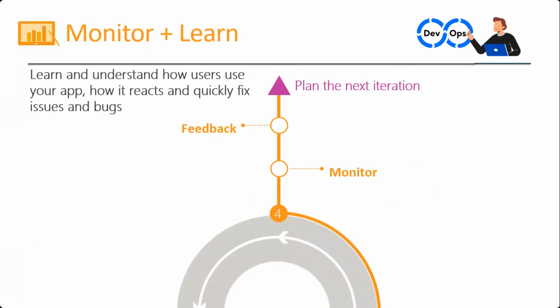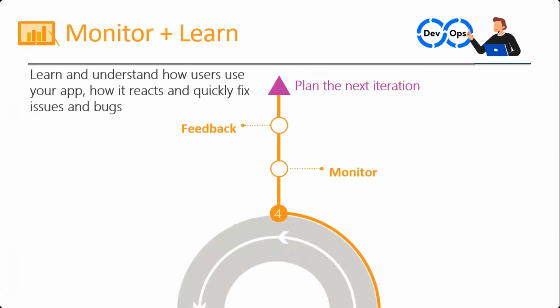By analyzing information from both the user's perspective and the performance of the system, it allows the team to plan for the next iteration, the next cycle. It prioritizes fixing and enhancement to ensure that the application will meet user needs and perform reliably.